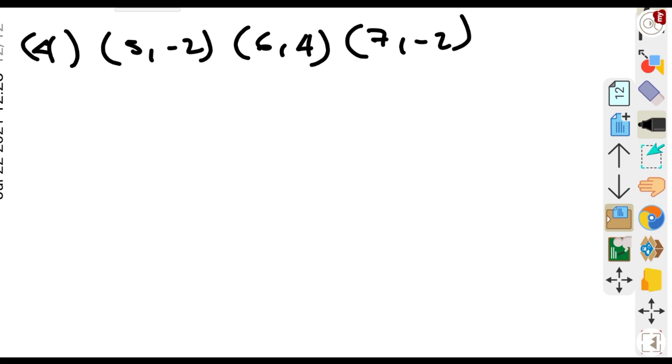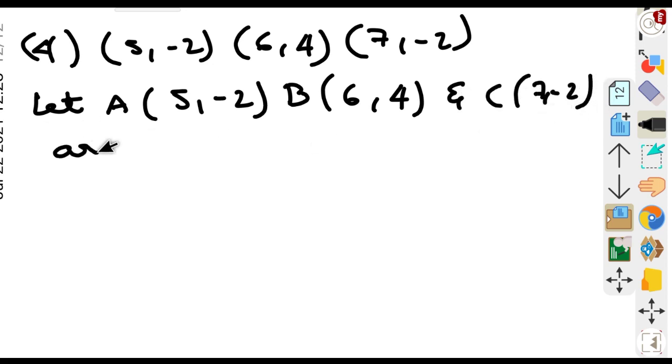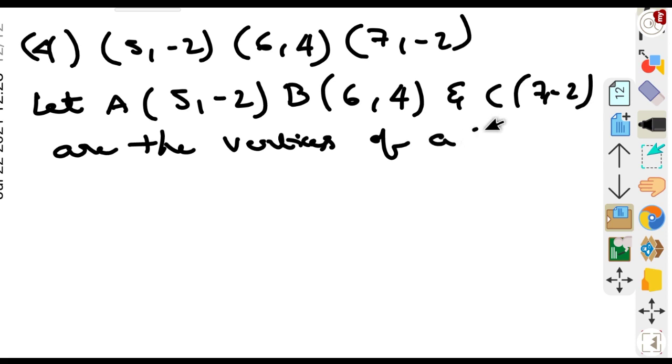Now how I'll write: first you need to write down the given coordinate points as, let A of 5 comma minus 2, B of 6 comma 4 and C of 7 comma minus 2 are the vertices of an isosceles triangle. First we need to write down like that.